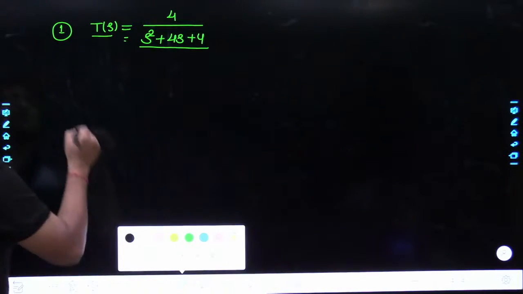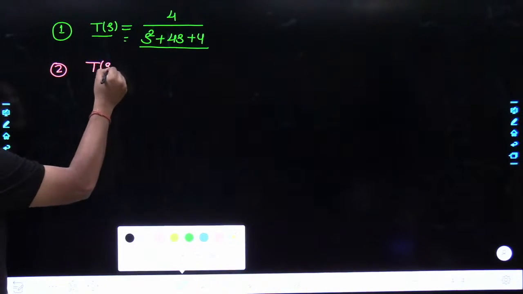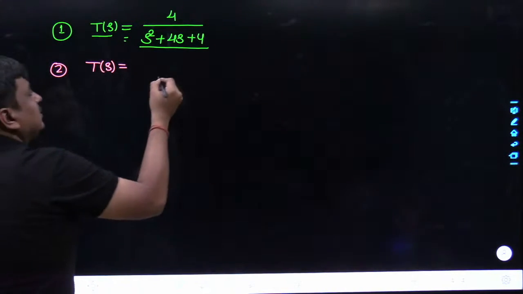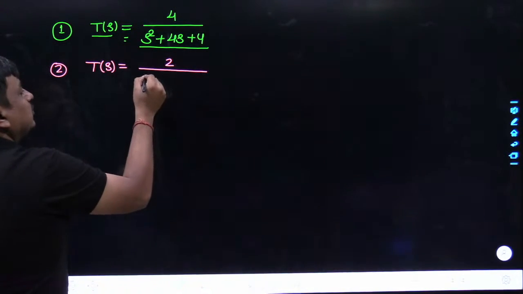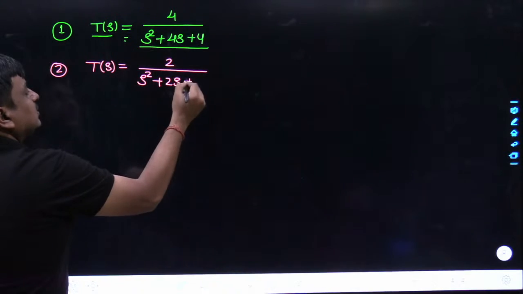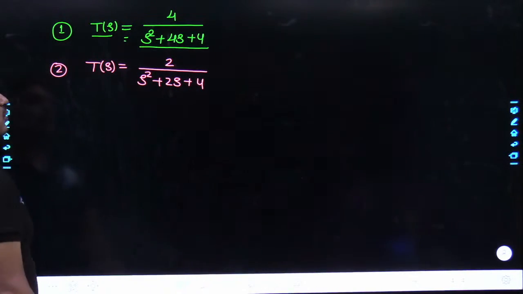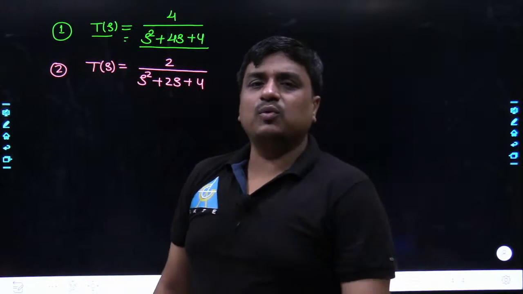Now let me take the second question. If T of s is equal to, let's take, 2 divided by s square plus 2s plus 4. Again, I would like to ask the same question. Which type of system is it, whether it is underdamped, overdamped, or critically damped.